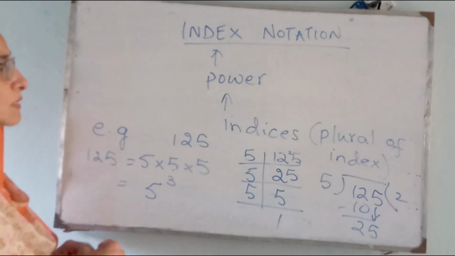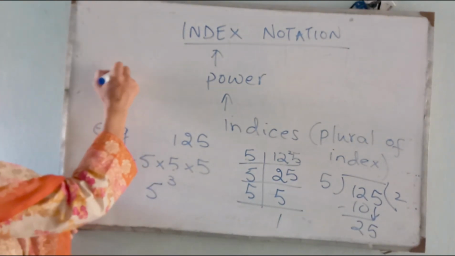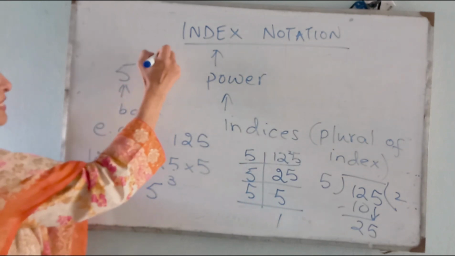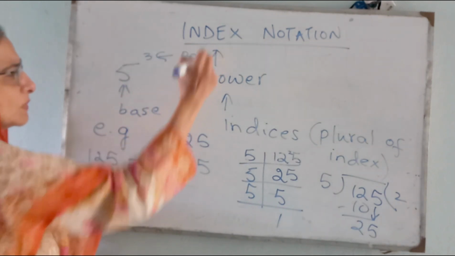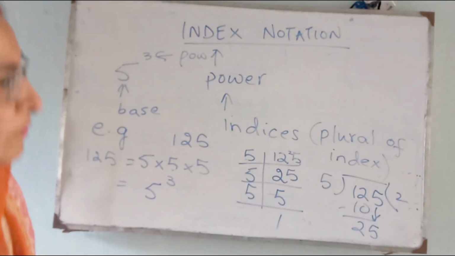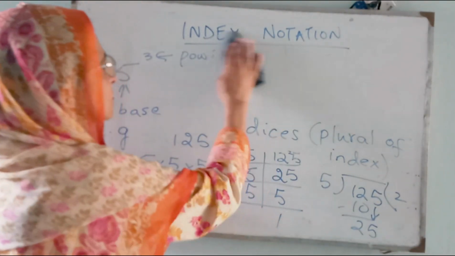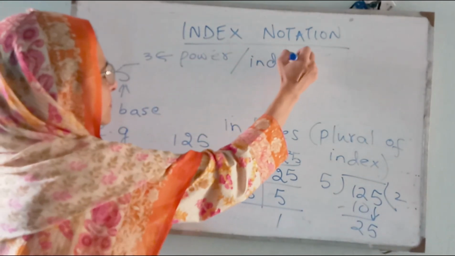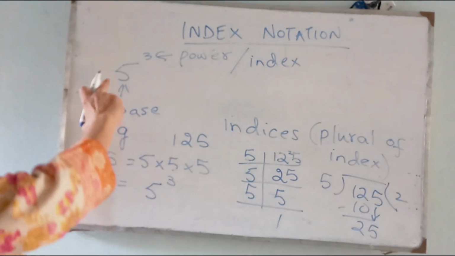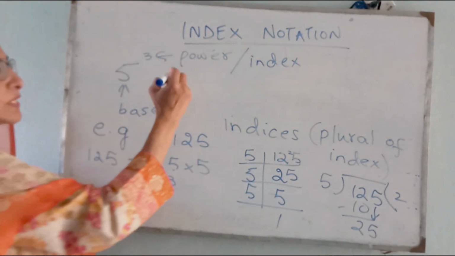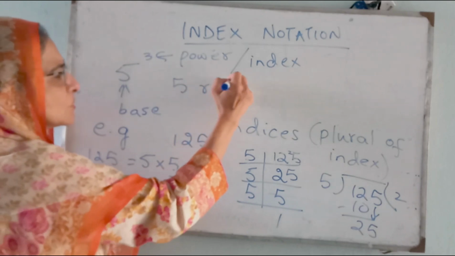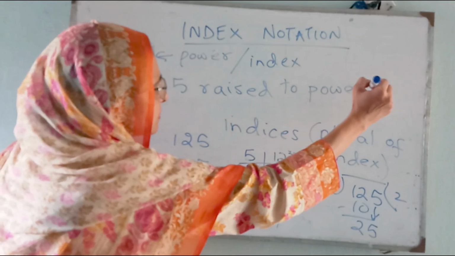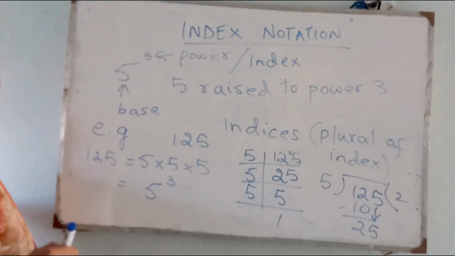This is the base and this 3 is the power, or the index. This is read as 5 raised to the power or index 3.